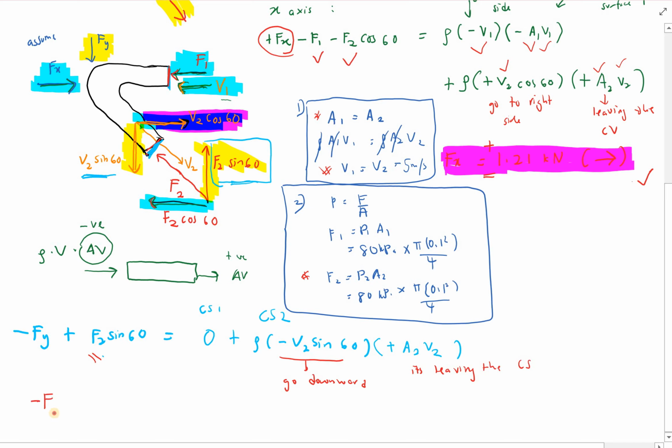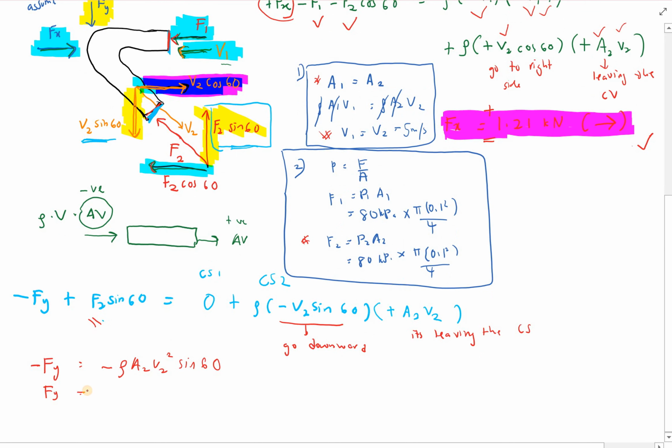So you can solve for your Fy. Actually when you simplify that equation it becomes negative density A2 V2 square sine 60. So you solve for that, your Fy equal to negative 697.18 Newton. Here you get a negative sign. What does it mean?